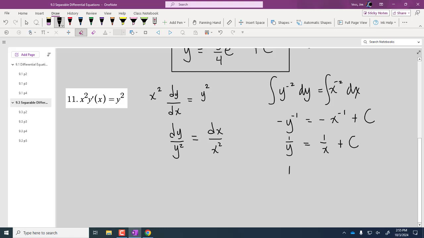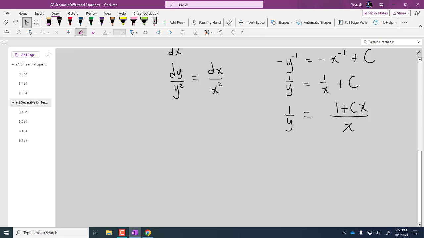So normally what we would do, there's a couple ways you could do this. I'm going to create a fraction on the right-hand side so that it looks like this. Multiply c by x over x. Now that we have a ratio on each side, we can flip both sides. So now, therefore, y will equal x divided by 1 plus cx.